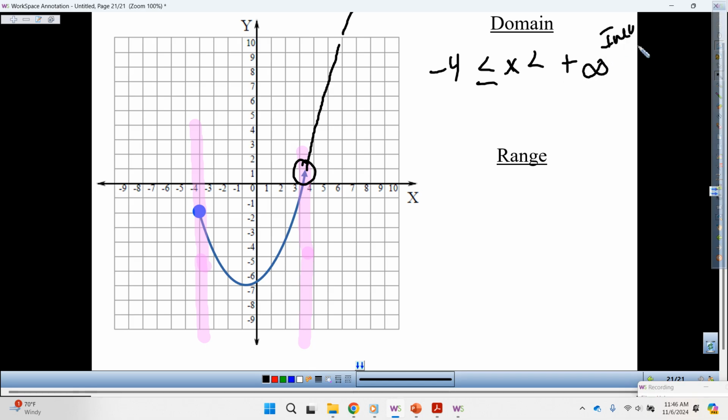This is my inequality. I want you to write me the set notation. Set notation. And then Gio's going to help us out with that one. Go, Gio. Set. Such that.